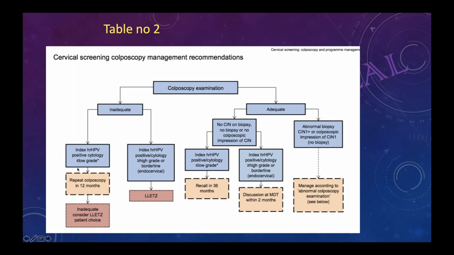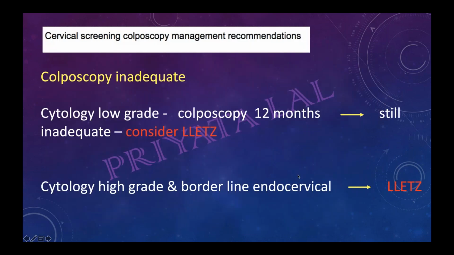Now if the colposcopy has become inadequate, that means I'm not happy, because I was not able to see the TZ. Then I have to decide what to say to this patient, so I will look at her case notes.